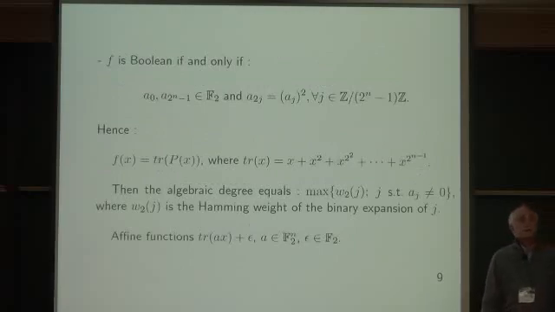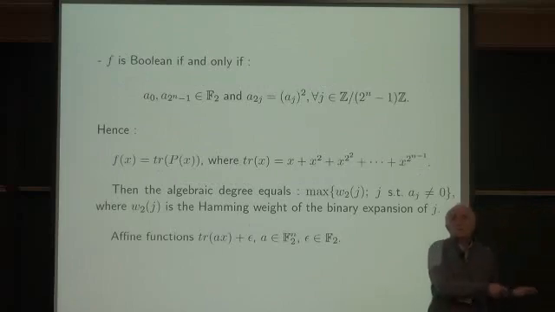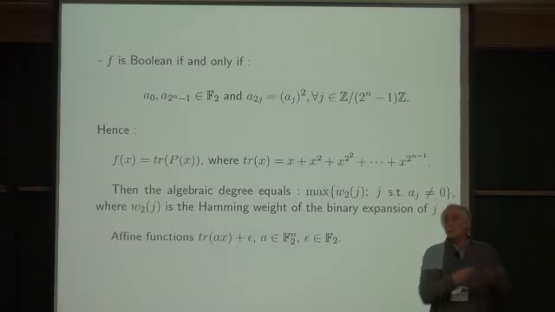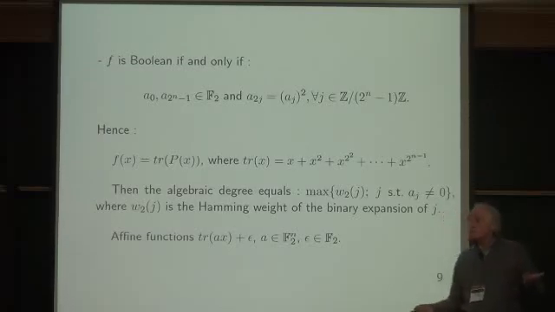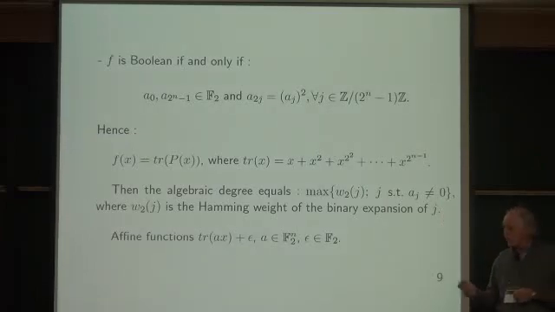What is a Boolean function? It's a function from F2 to the n, the big field, to the prime field F2. And the prime field F2 is a subfield of F2 to the n. So it's a particular function from F2 to the n to F2 to the n. What is particular to Boolean functions? Two things.